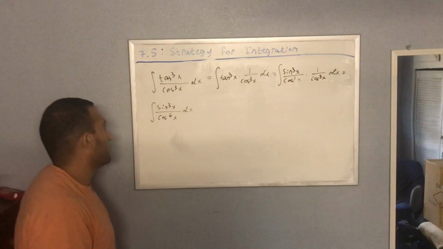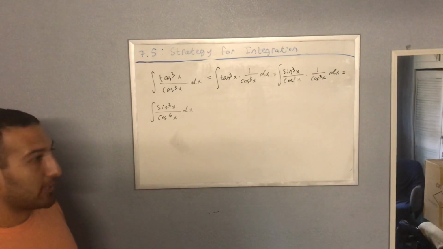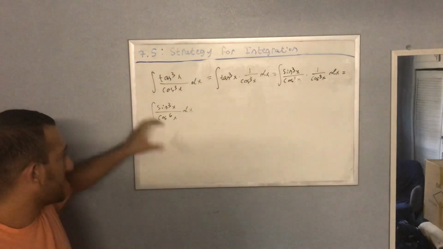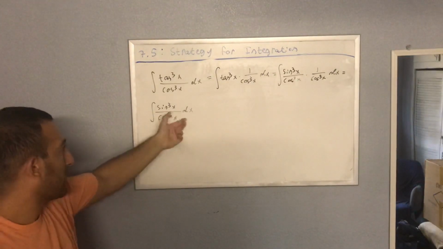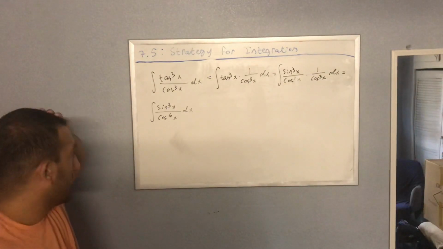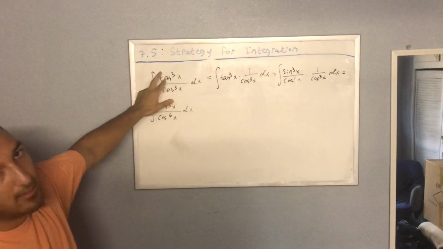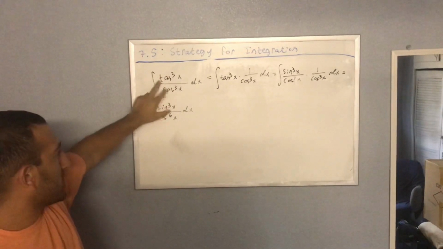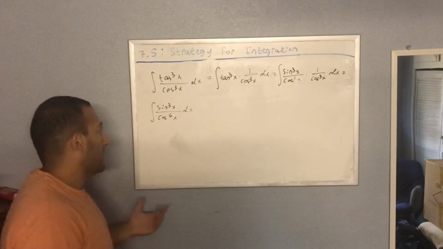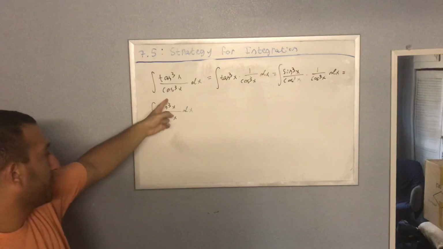But remember the tricks that we learned from 7.2: anytime you have sines and cosines being multiplied by each other, you can apply the same idea for this division. The reason why I didn't do it here is because tangent plays well with secant, remember, and because there's not a secant here, at this rate anyways, it's not nice. We could have introduced secant into this if we wanted to.